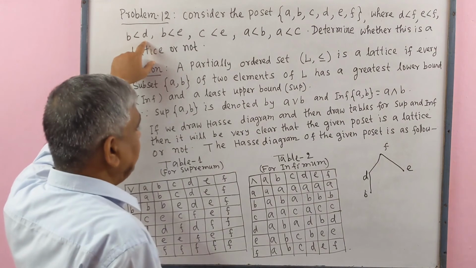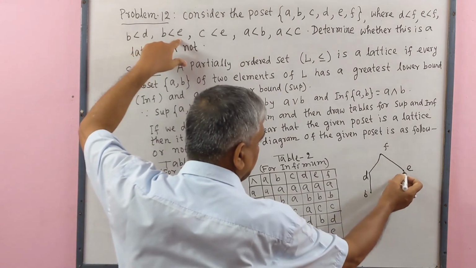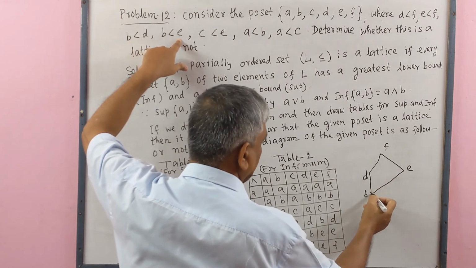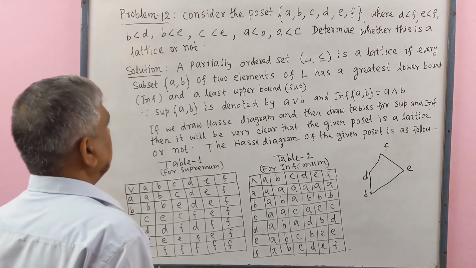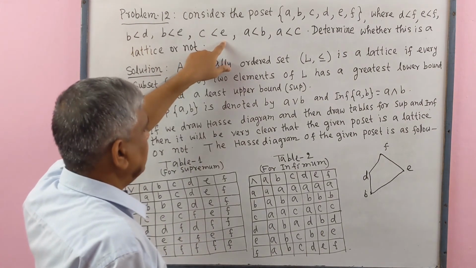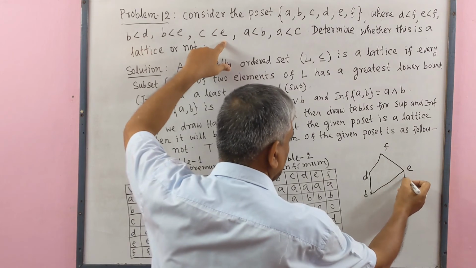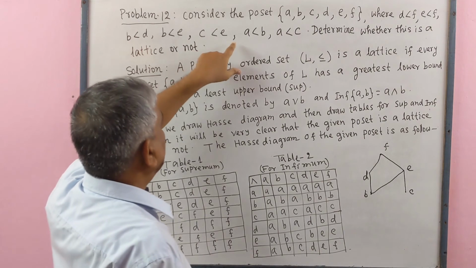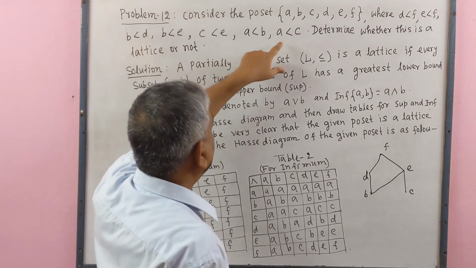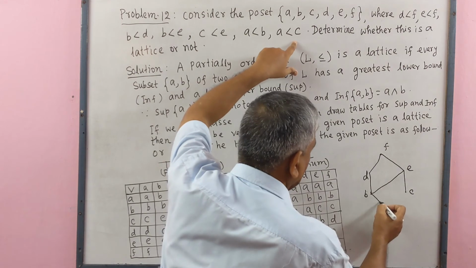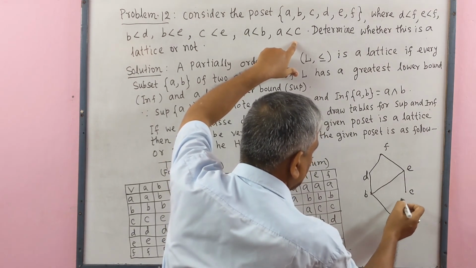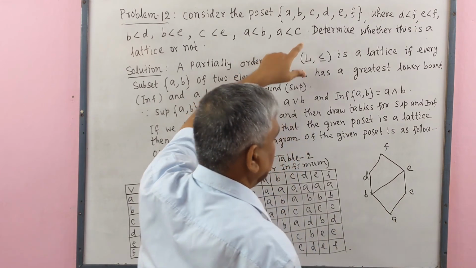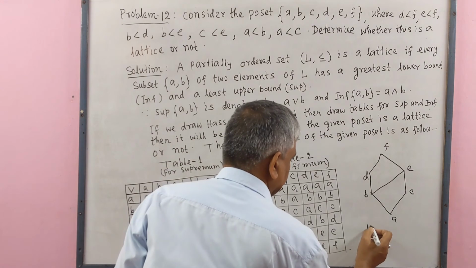B less than D and B less than E. Here B less than E, E is in the upper position and B is in the lower position. Now C less than E, C will be in the lower position. A less than B and A less than C. A less than B, A will be in the lower position, and A less than C. And this is the Hasse diagram.